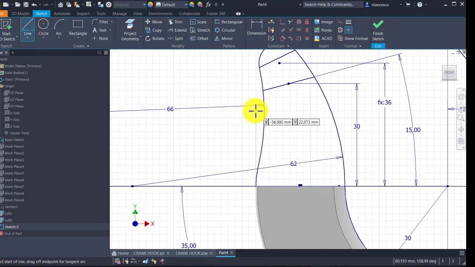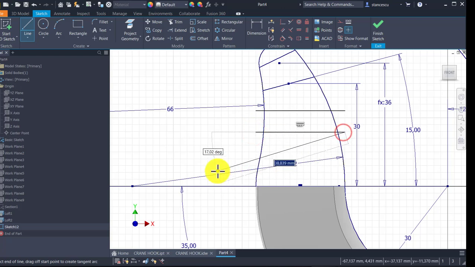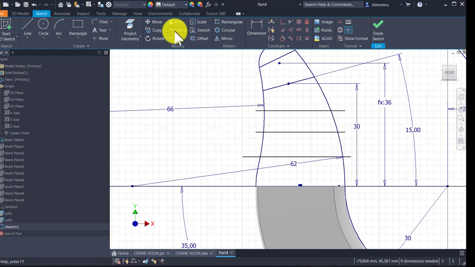Line. 1 horizontal. Escape. Space. Space is repeat. Escape, space. 3 horizontal lines. Trim. I trim this, and other 3 ends.